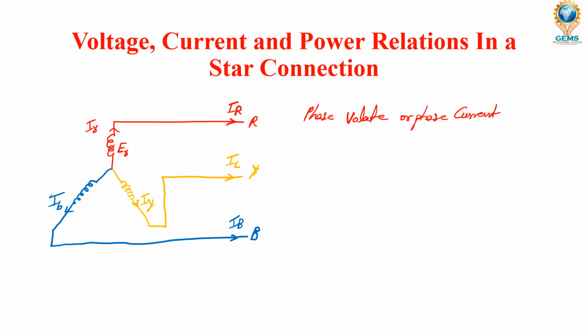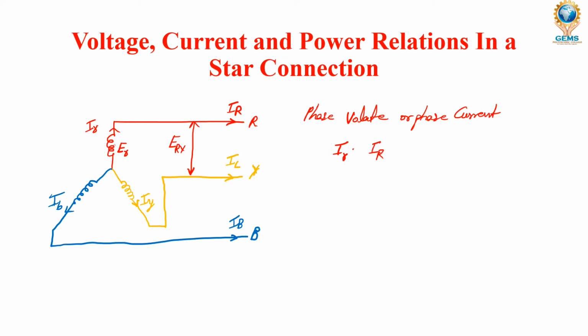Phase voltage means the voltage in this R phase. Line voltage means this is the voltage between these two phases. Now the line voltage here is ERY, but here phase current is Ir, line current is IR.